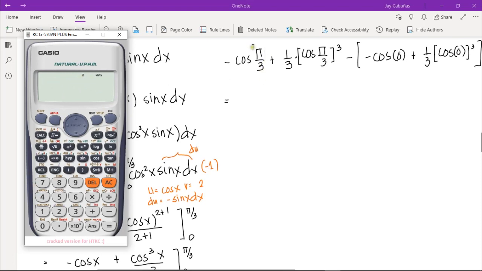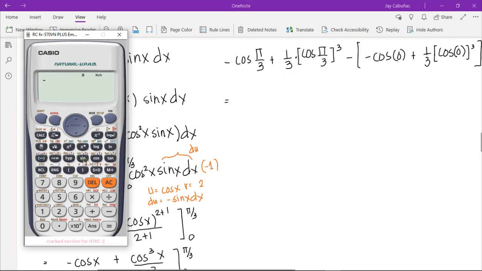So again, since in this equation we are not using degree, we are using radian, since our angle is in terms of pi over 3 radian. So how are we going to evaluate? We have to encode all of this function in your calculator.